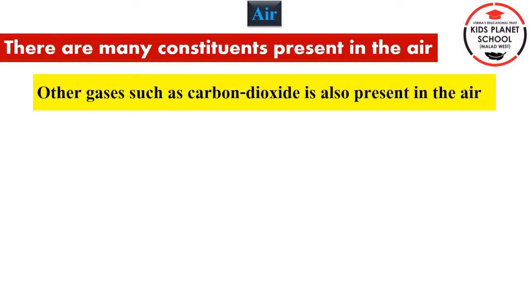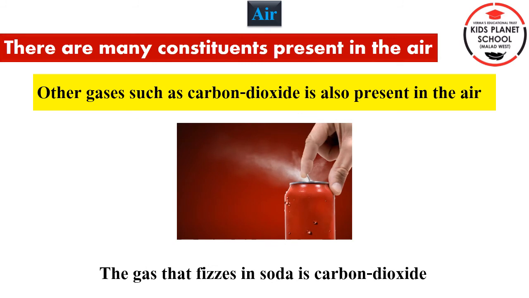Other gases such as carbon dioxide are also present in the air. Children, carbon dioxide is also present in soda that we drink. The gas that comes out as soon as we open the soda can is the carbon dioxide gas.